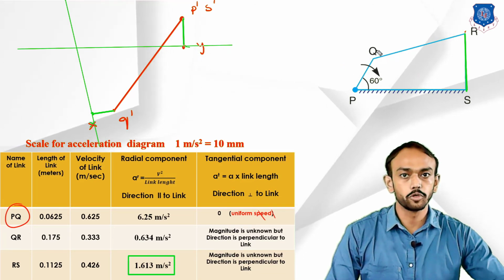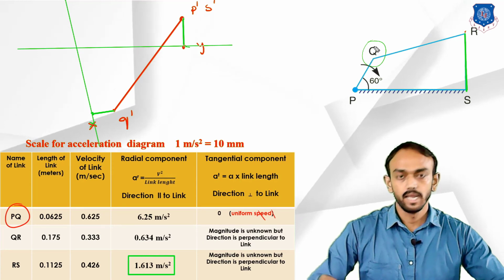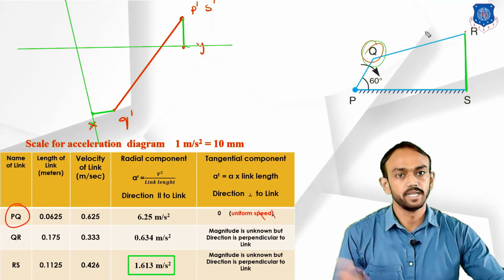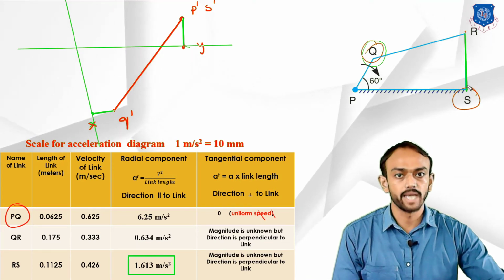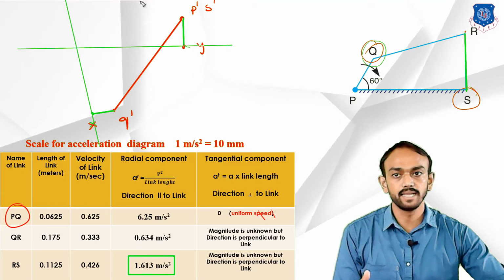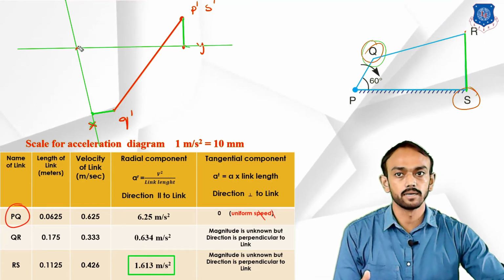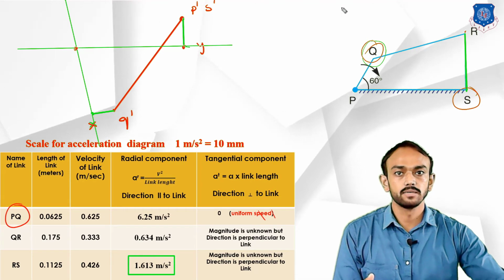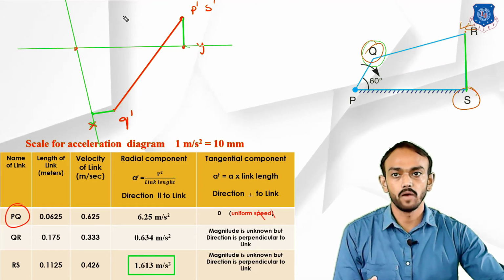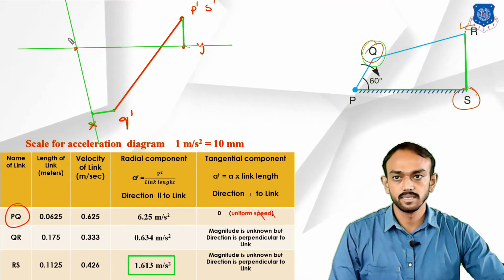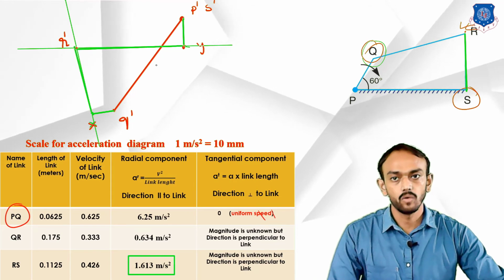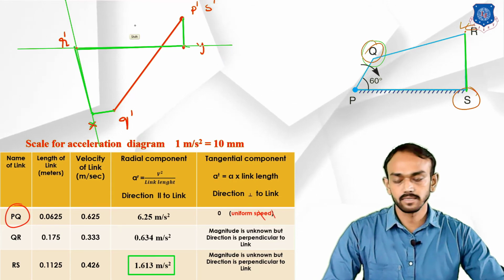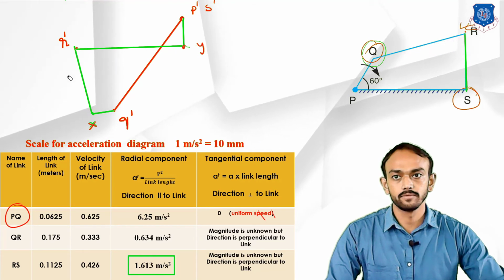With respect to Q we have taken the radial and tangential components, and with respect to S we have taken the radial and tangential components, and this intersecting point gives us the R point. Now I can say this is R dash. Now we can erase the extra length from the figure.